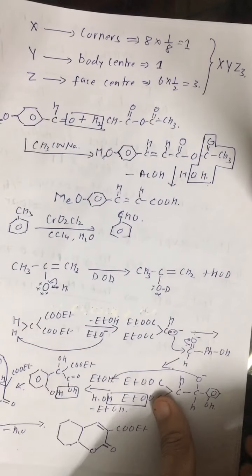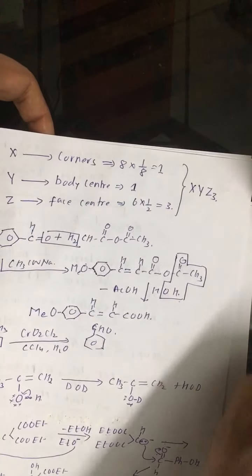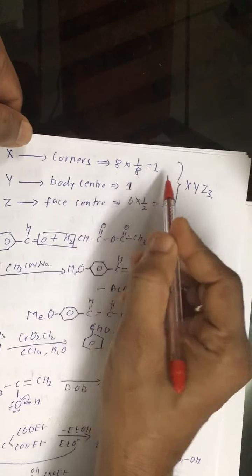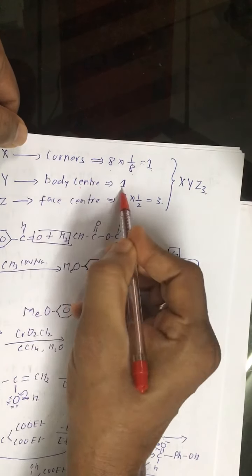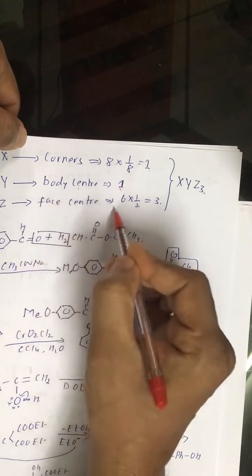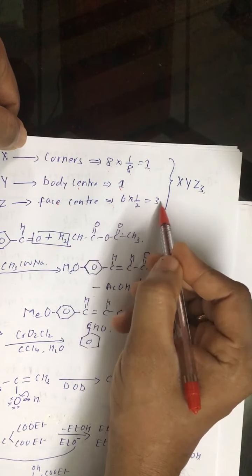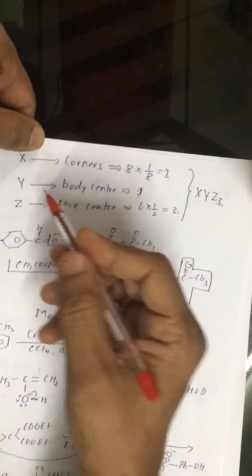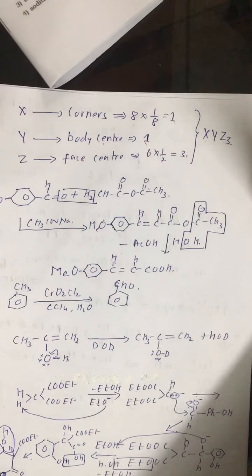So it is a very simple question. X at corners, so 8 into 1 by 8 equal to 1. Y in the body center 1, Z face center, it is 3. So X, Y, Z 3. Correct answer is second option, 48.